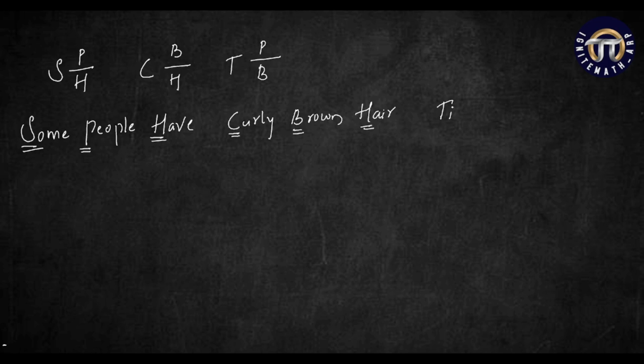Then tightly pulled back: tan is perpendicular by base. So you can say, some people have curly brown hair, tightly pulled back. If you remember this tune, calling the trigonometric ratios is very, very easy.